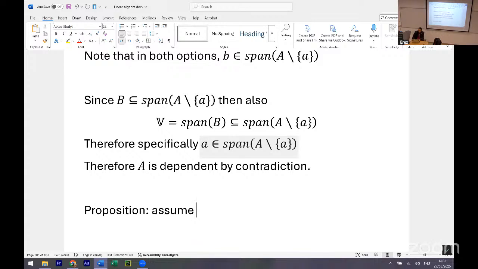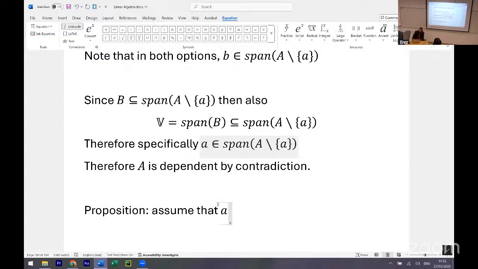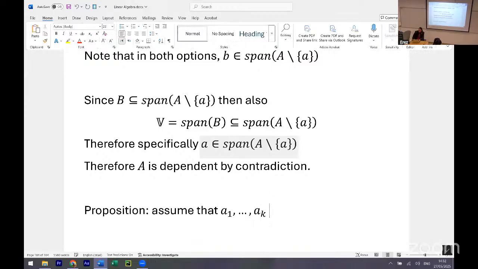Assume that A1 to A(K+1) is independent.